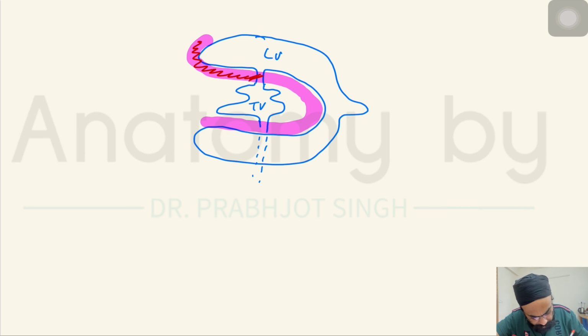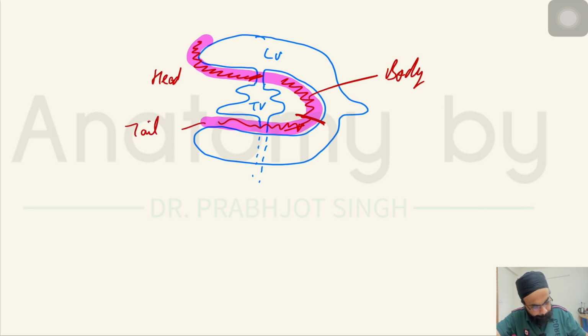So this part is basically the head. This part is basically the body, almost till here, and this lower part is your tail.